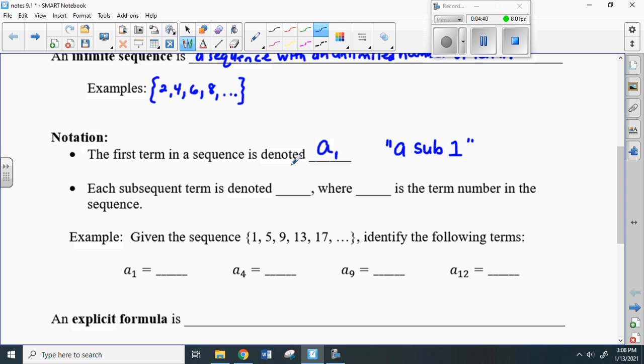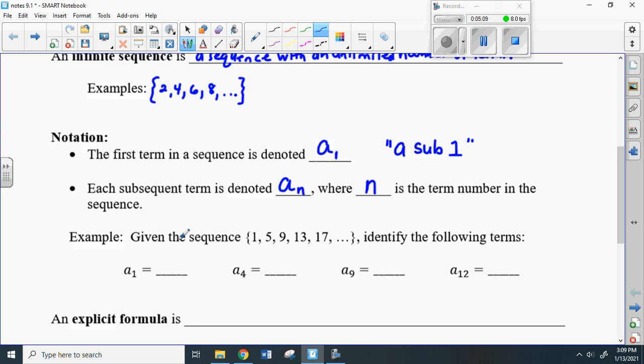And that means I'm looking at the first term in the sequence. Each subsequent term is denoted by A sub n, where n is the term number in the sequence. All right, so what do I mean? So if the first term is A sub 1, then the second term would be A sub 2. The third term would be A sub 3, and so on.